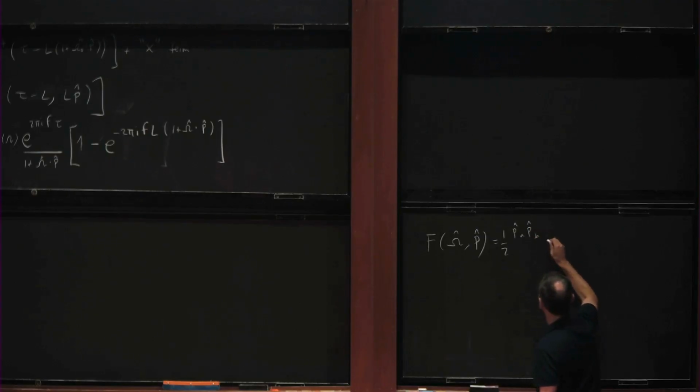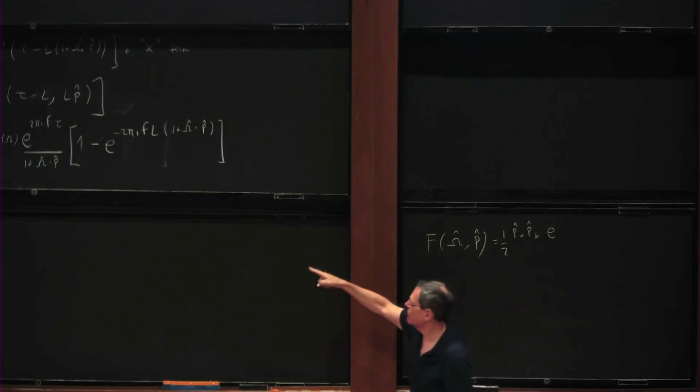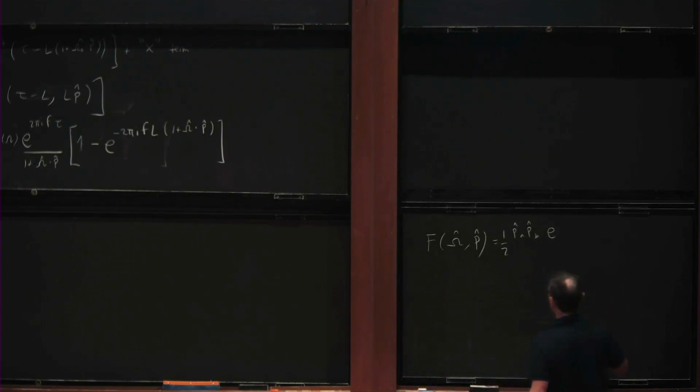I'm going to make my life easier here by making this complex. So I've got a plus term for the plus polarization, a cross term for the cross polarization. I'm just going to combine them both and just say E_AB over 1 plus ω̂ dot p̂. So that's the prefactor.